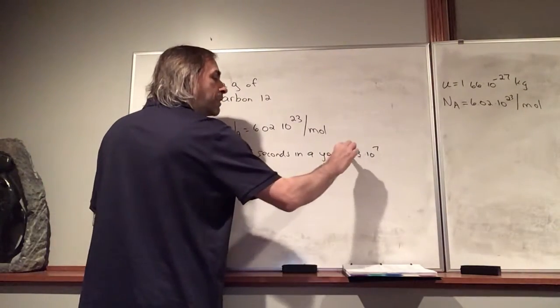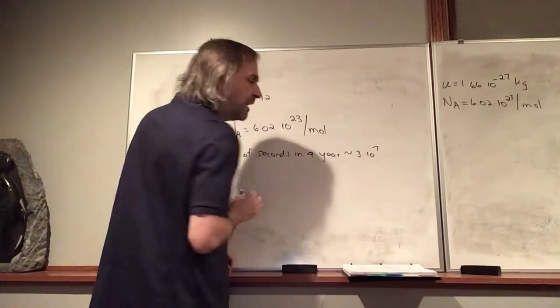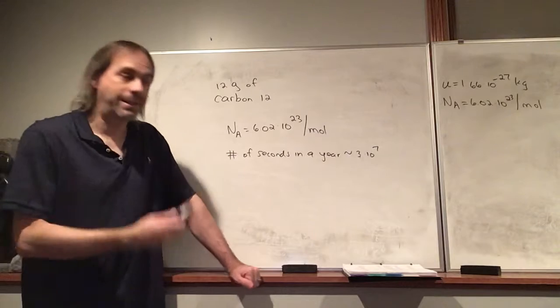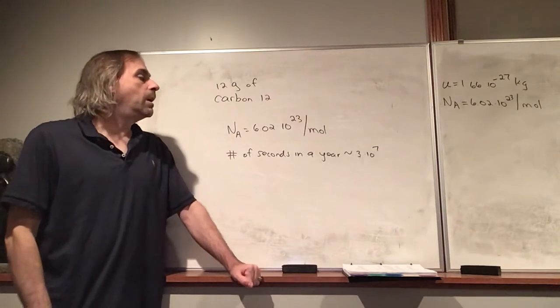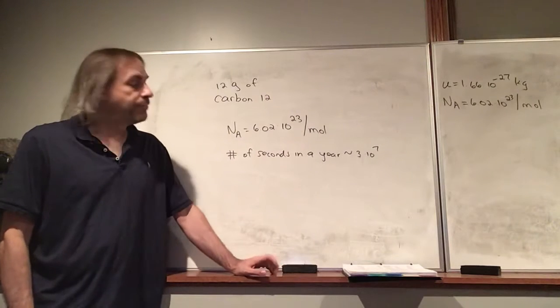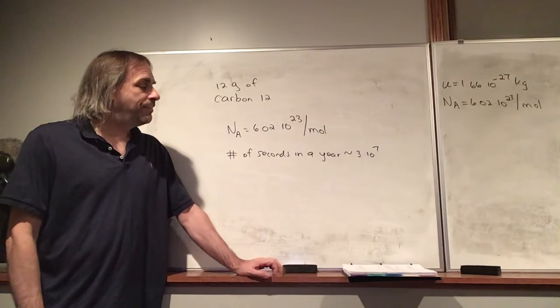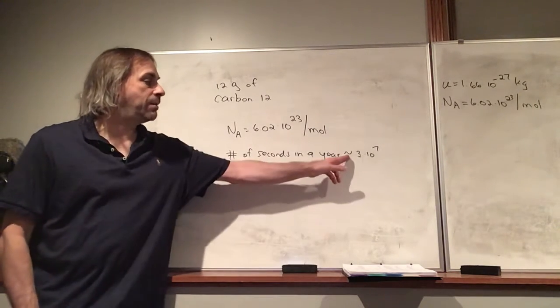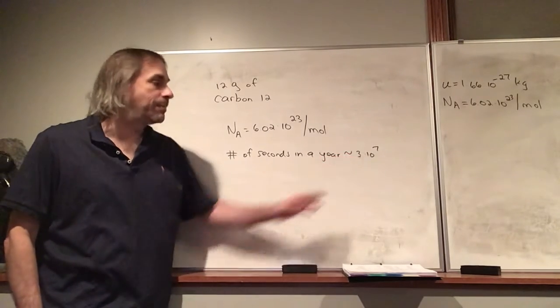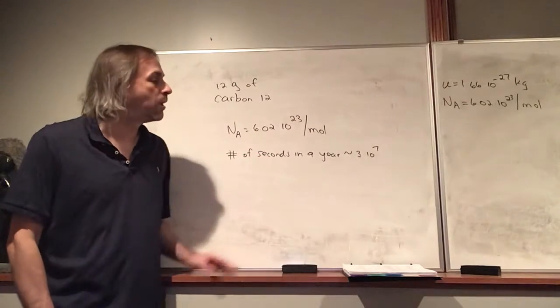It's supposed to be an approximately equal to symbol there. So 3 times 10 to the 7th power, that's 30 million. That's actually a pretty big number. Doesn't look that big, but it is. And so this is approximately true. It's actually a little more accurate to say pi times 10 to the 7th. It's more like 3.1 something.